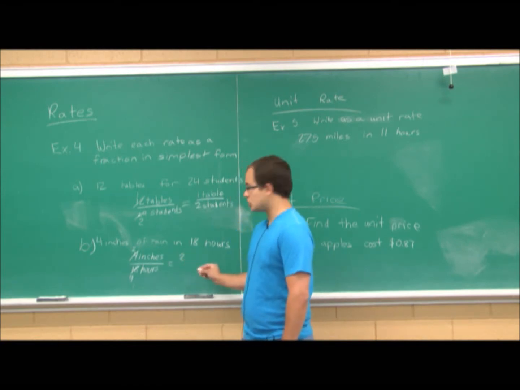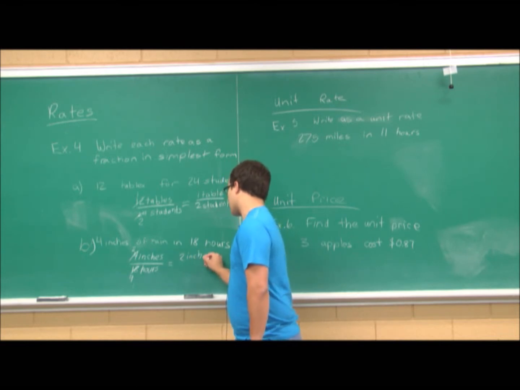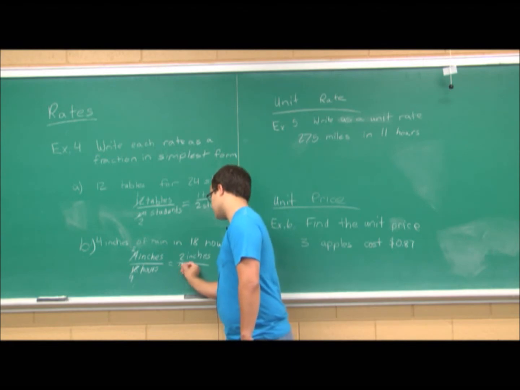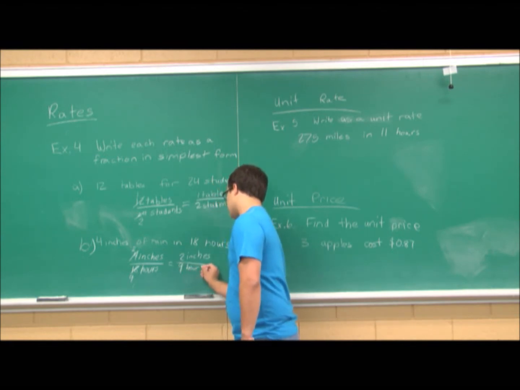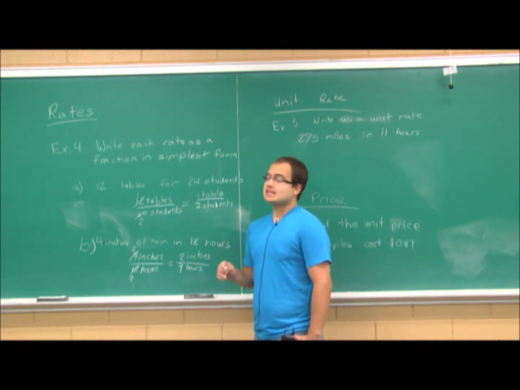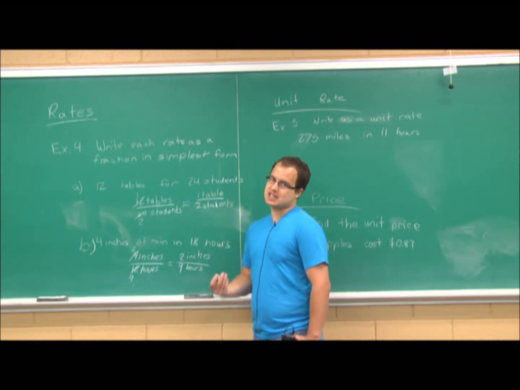So that's 2 inches every 9 hours. And that's that fraction in the simplest form. So like I said, a rate is a ratio where the units are included because they aren't the same.